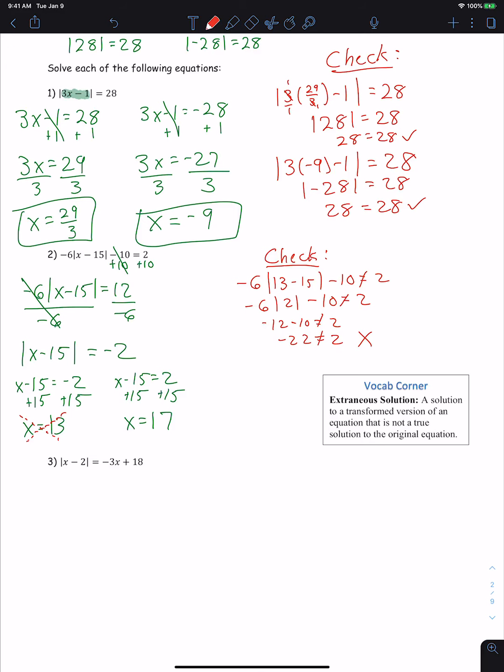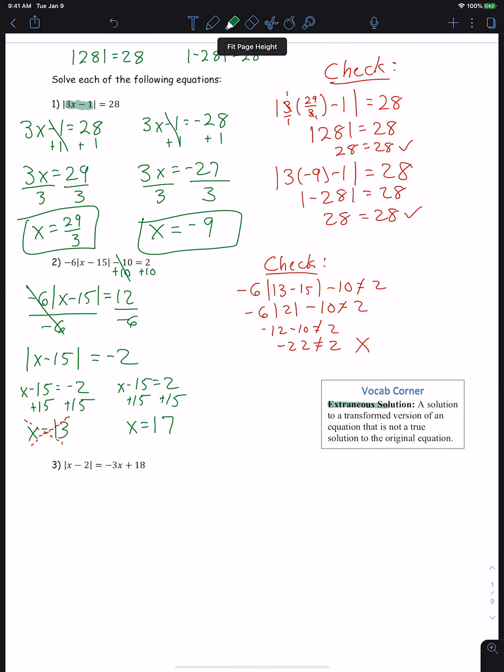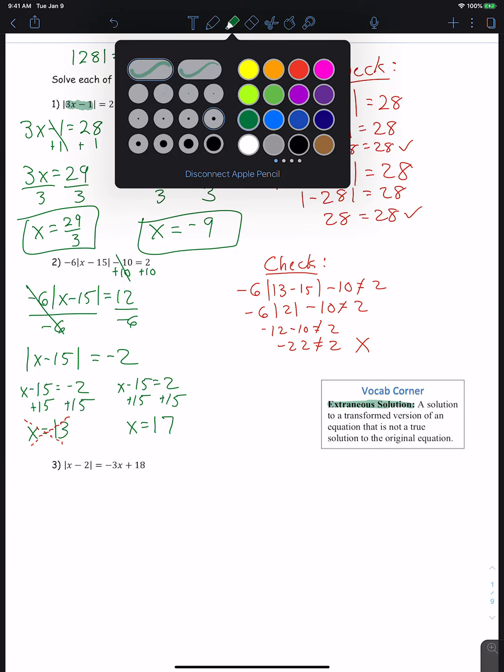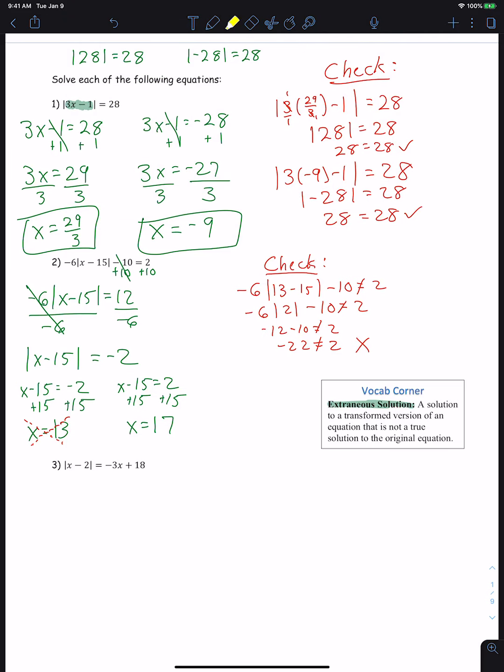That is what we call an extraneous solution. An extraneous solution is a solution to a transformed version of an equation that is not a true solution to the original equation. Let me explain more what that means. In order to solve our equation in number 2, we have to first add 10 to both sides.